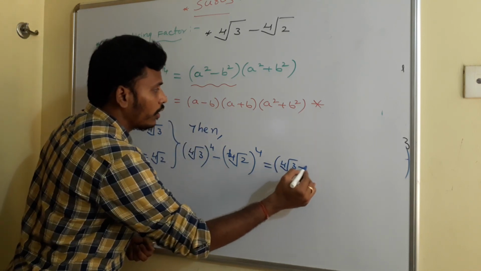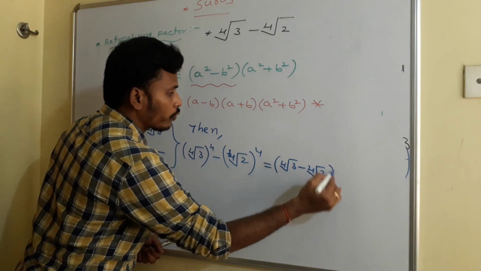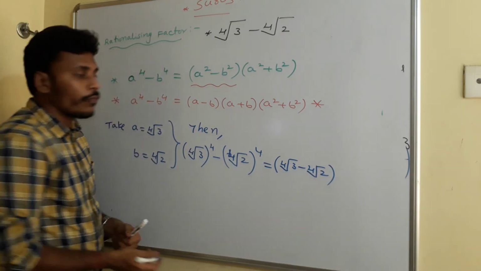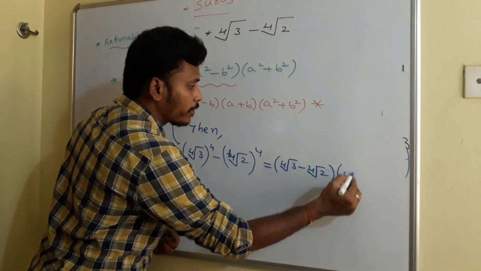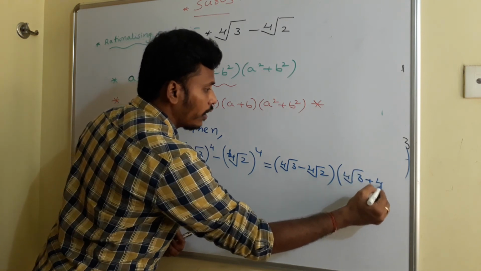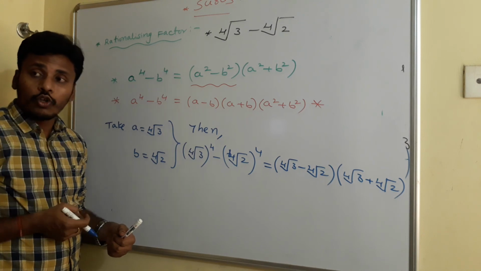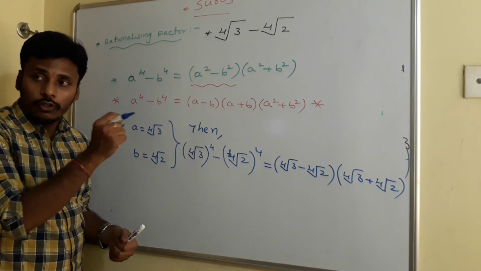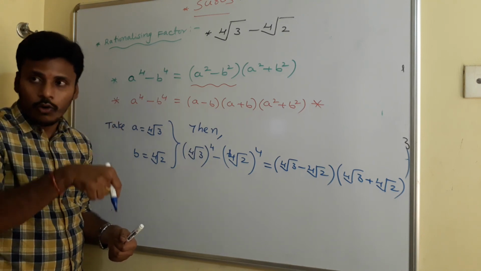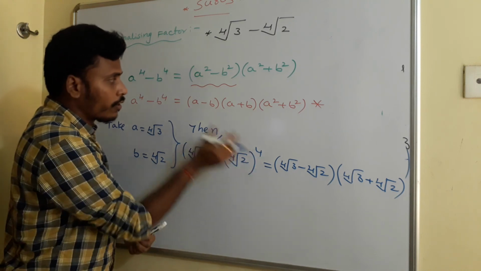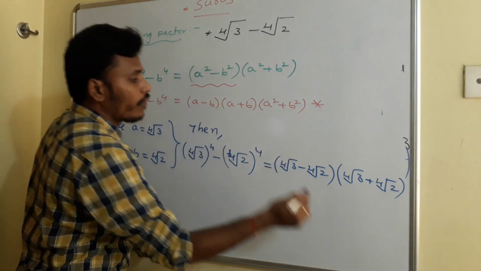Fourth root of 3 minus fourth root of 2, into a plus b. What is a plus b? Fourth root of 3 plus fourth root of 2. Be cautious in writing fourth root of 3 and fourth root of 2: the 4 is in the root, not 4 into root 3. Right? So a minus b into a plus b into a square plus b square.